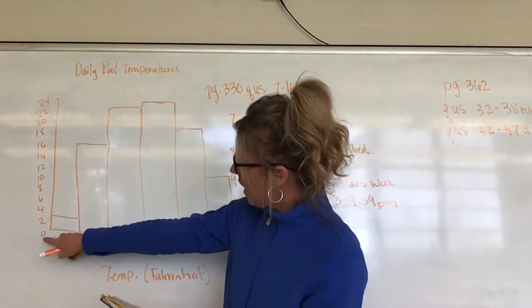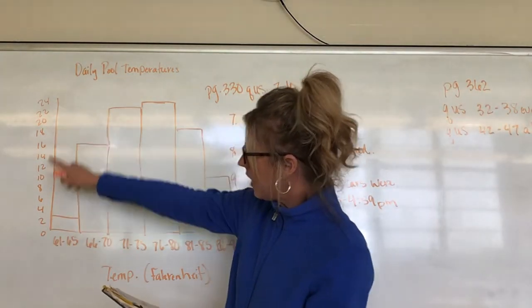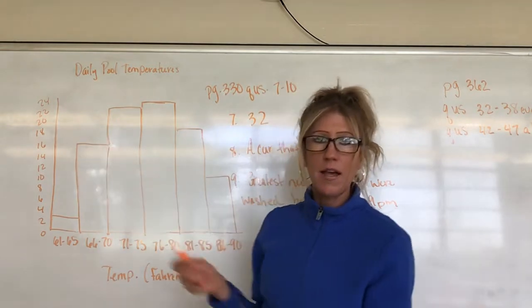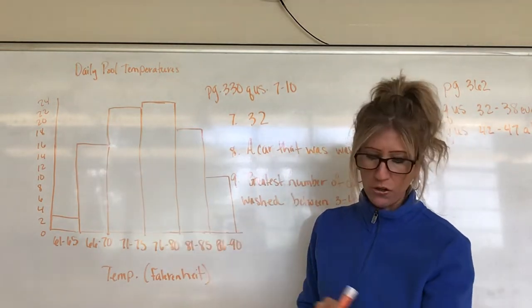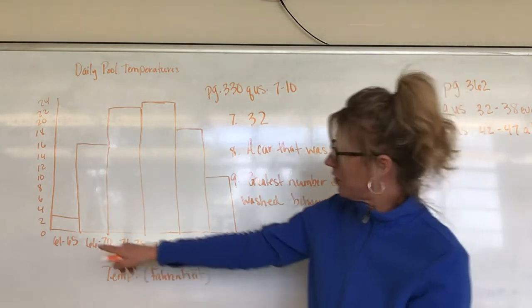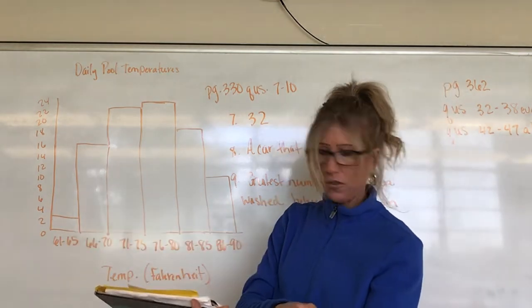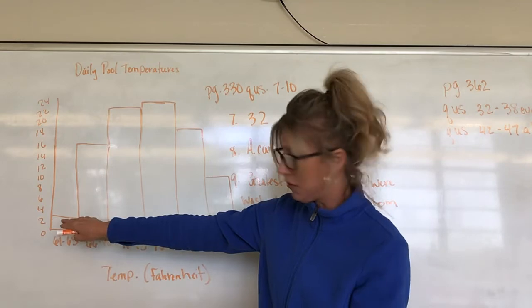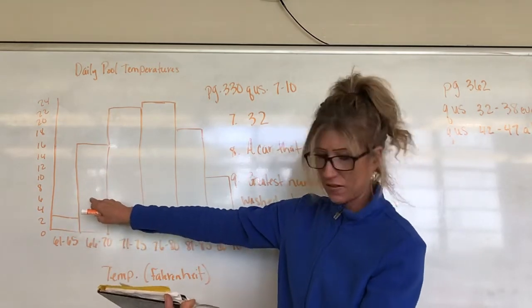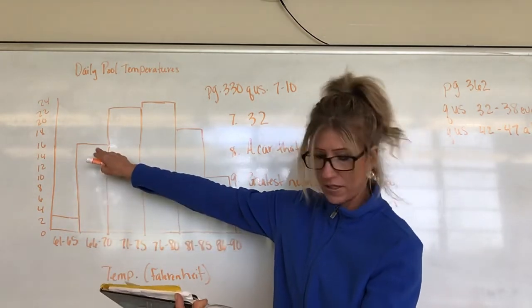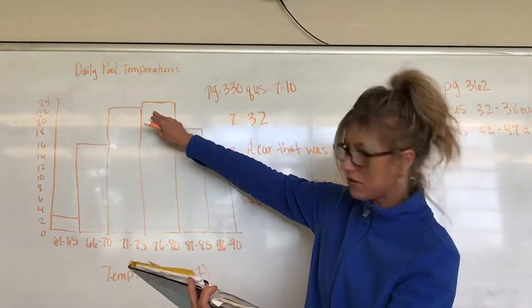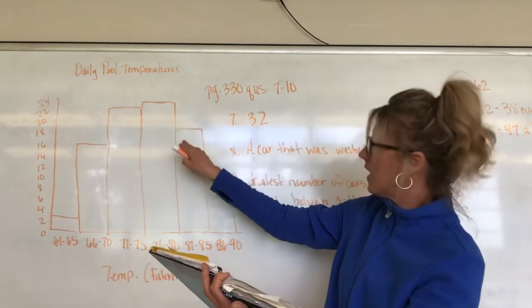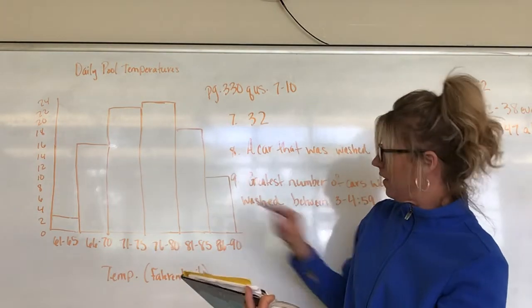Then we could do our frequency on this side. I just counted by 2s, thinking that might make sense when we're putting in our bars. Now we're going to put in our bars. At 61 to 65 the frequency was 3, so this falls at 3. The next one, 16, so make sure it's falling at 16. Then 22, then 23, just going up a little bit, then 19, then 11.